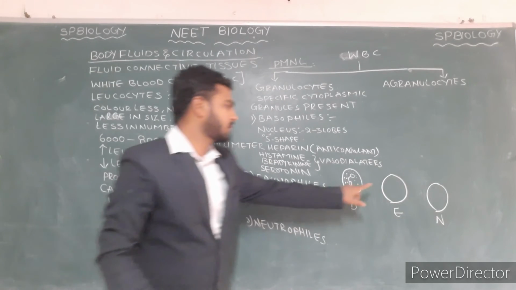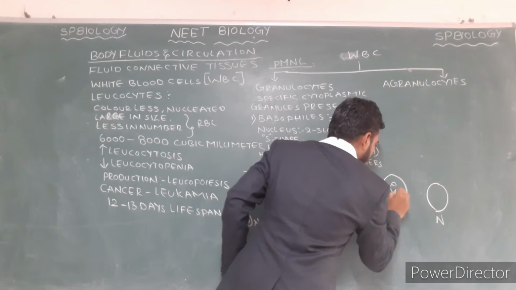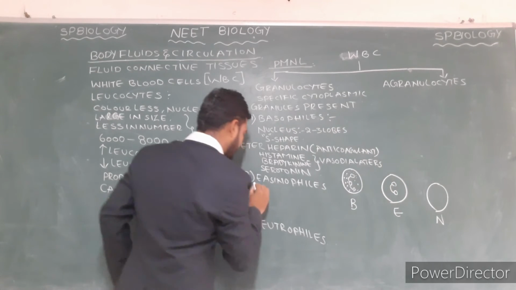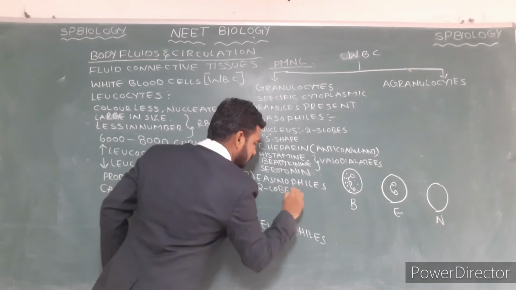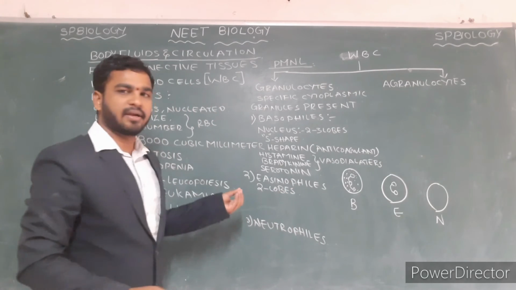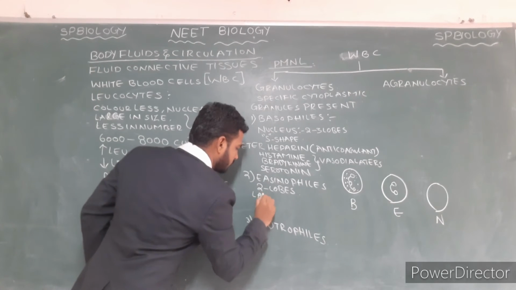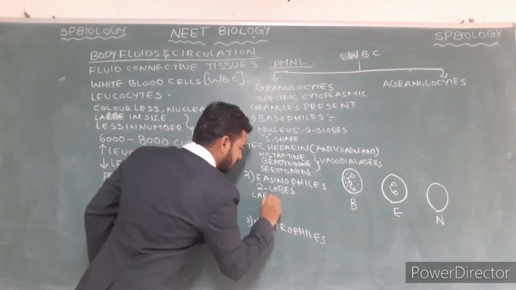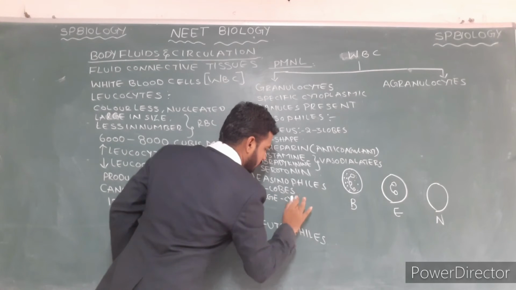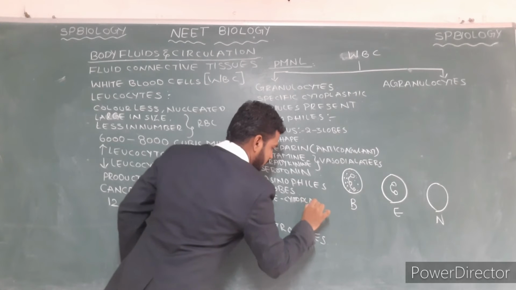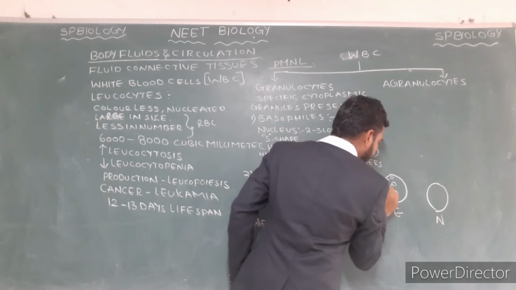If we see eosinophils, a two-lobed nucleus is present, and the cytoplasmic granules are very large.